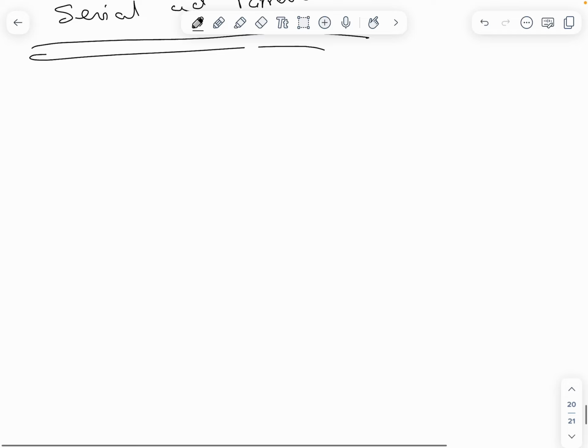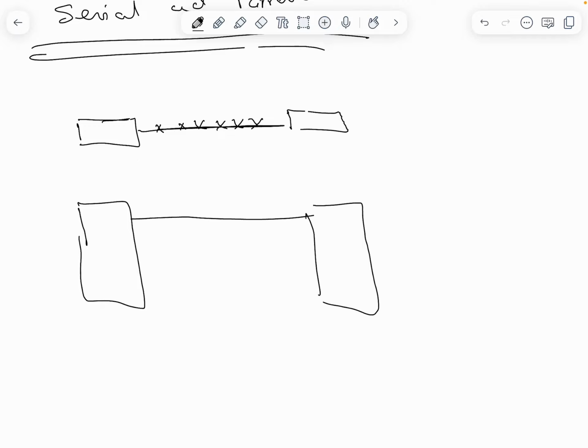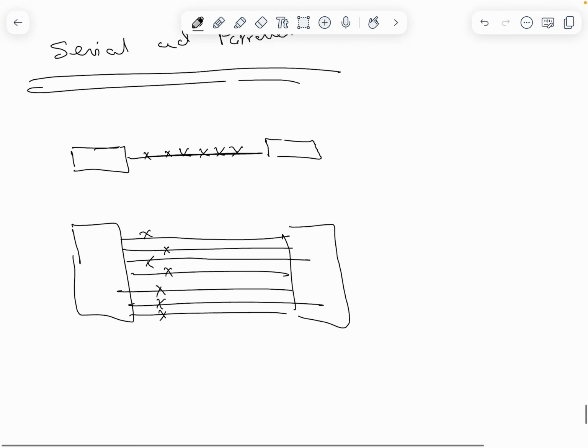So serial sends data through one line, one after the other, whereas parallel sends each bit as a part of its own line. Okay, so this would represent serial and this would represent parallel.